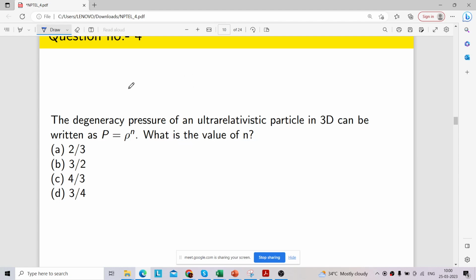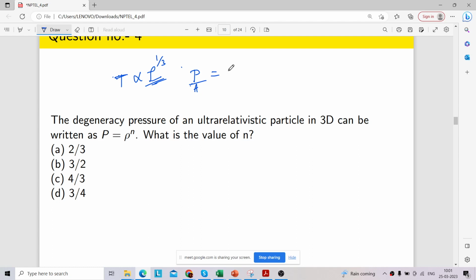You might be remembering from the class, temperature is proportional to density to the 1/3 power, right? Then pressure is some radiation pressure per unit area.